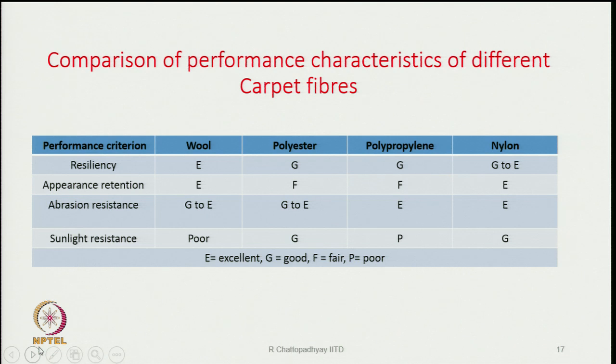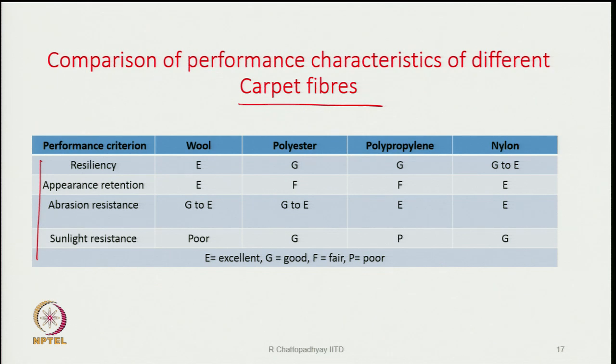As an example, we are giving a comparison of performance characteristics of different carpet fibers. Let us say there are 4 fibers here: wool, polyester, polypropylene, nylon. These fibers are mostly used in carpets, and qualitative data in relation to their performance, that is resilience, appearance retention, abrasion resistance and sunlight resistance, are stated in this table.